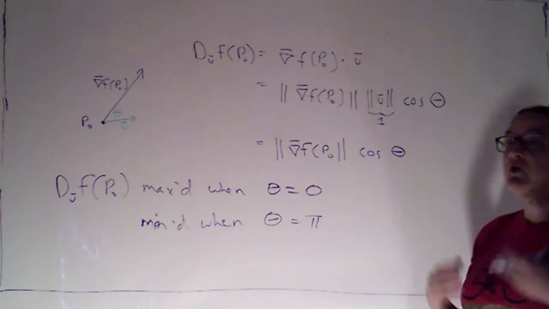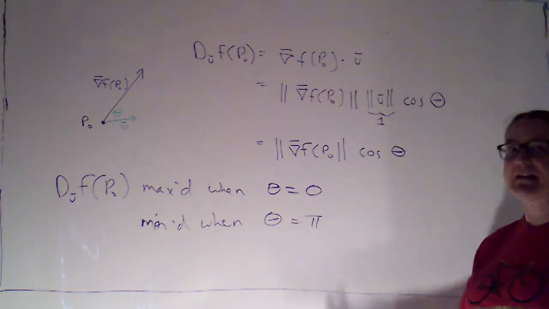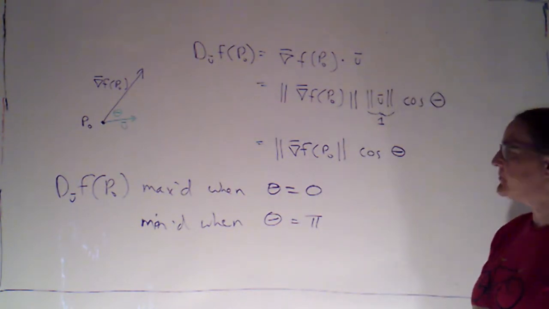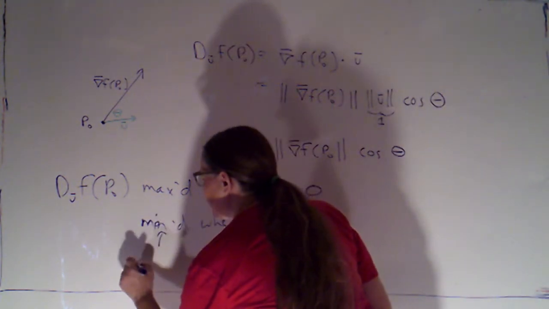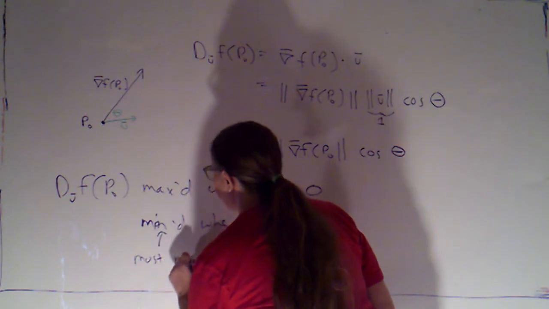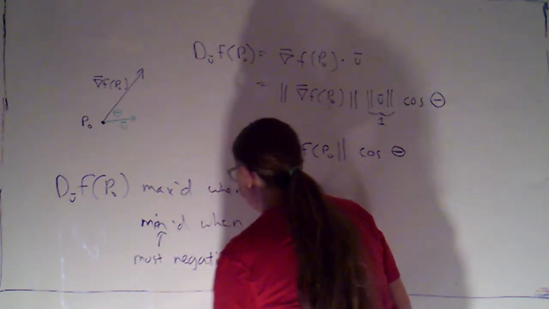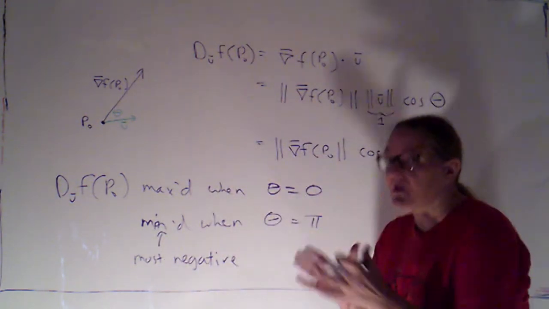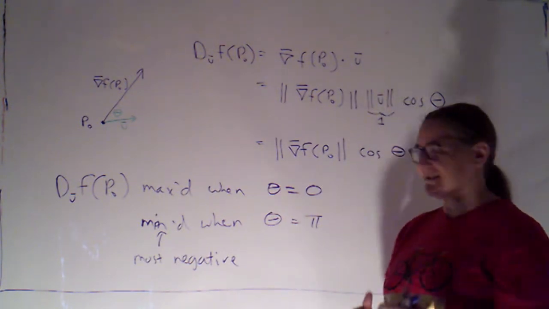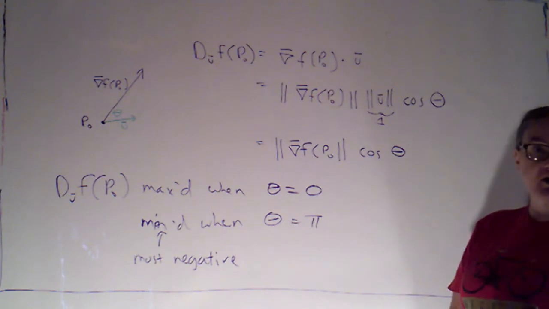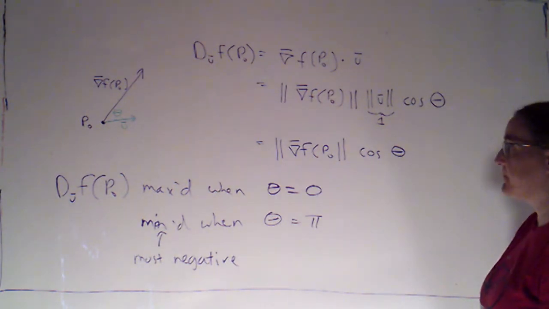So that would be when u is parallel to the gradient but pointing in the opposite direction. And I say minimized, but that's actually going to mean that it's at its most negative value. So it's not that it's increasing the most slowly, it's that it's decreasing the quickest when we're pointing in the direction opposite the gradient.